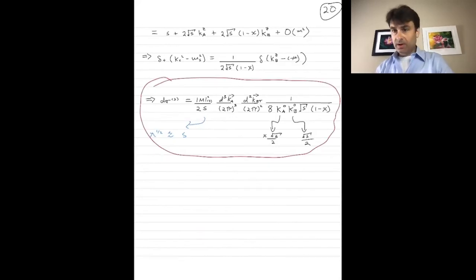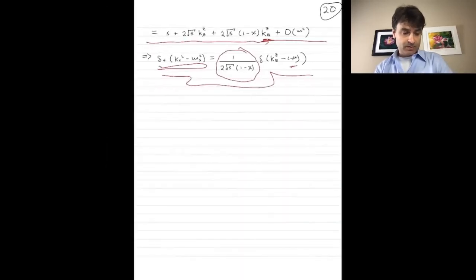Okay, and then one last way of simplifying is to note that Kb0, again, up to small corrections, is root s over 2. Ka0, up to small corrections, is x root s over 2. The triangle function lambda to the 1/2, if I'm again neglecting the masses, is simply s.